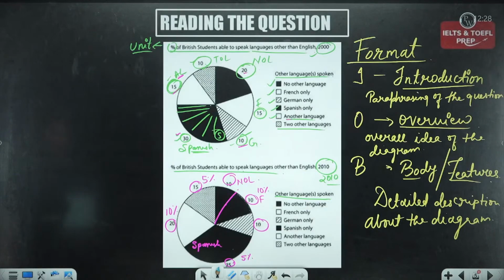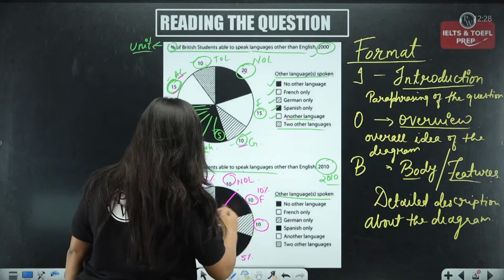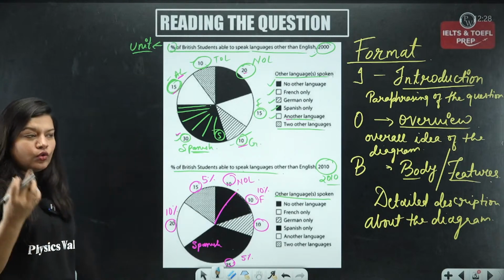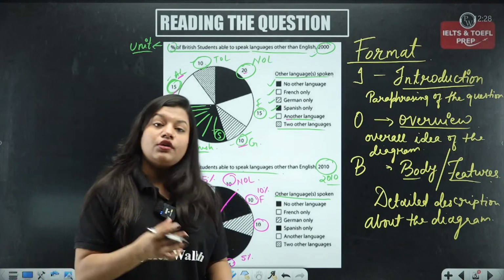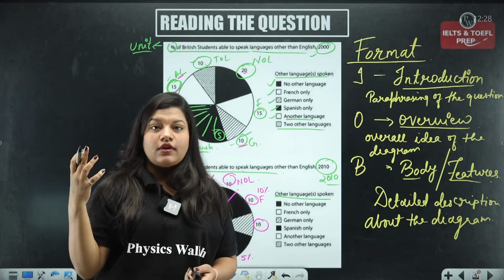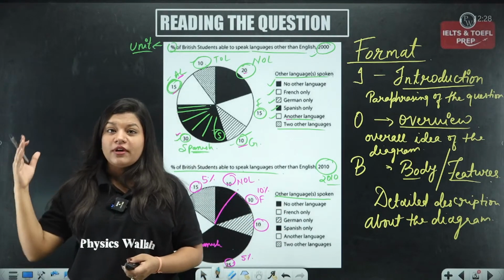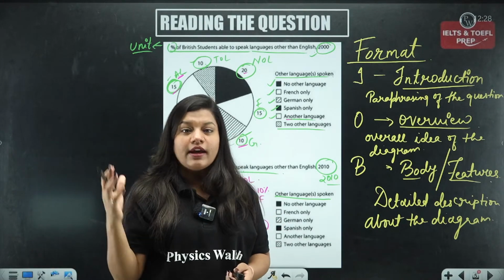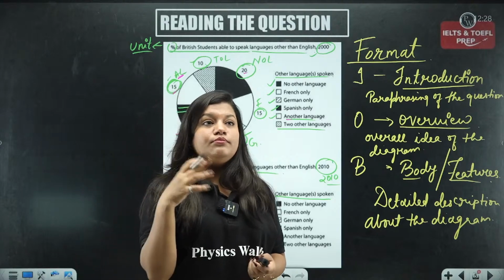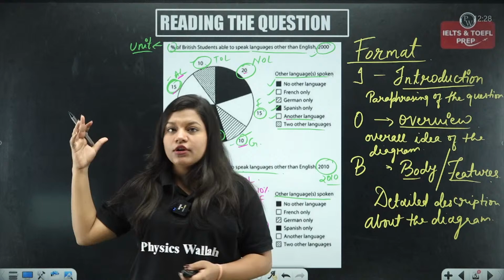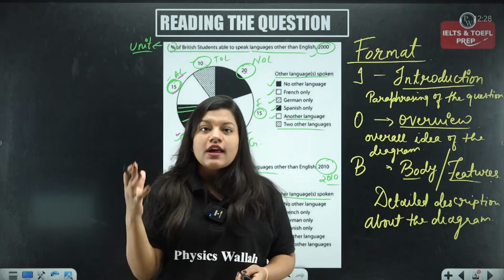Here, we have read the overall scenario. Overview, I have usually told you that you are not going to mention the numerical aspect of the diagram. That means you will not mention numerical proportions in the overview. Keep them for the features and body paragraph.